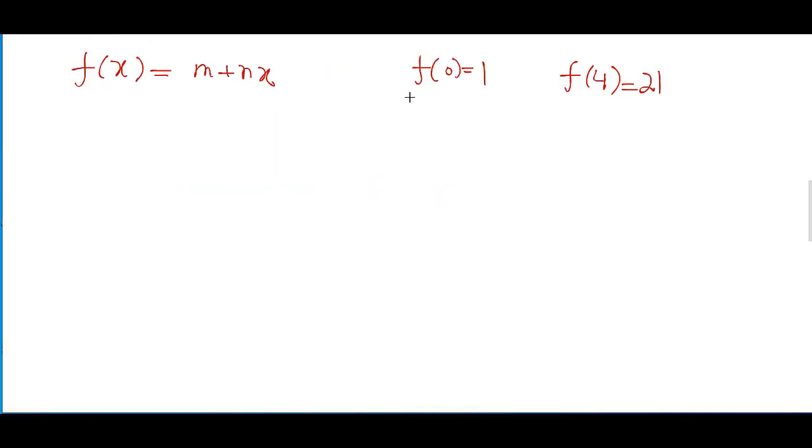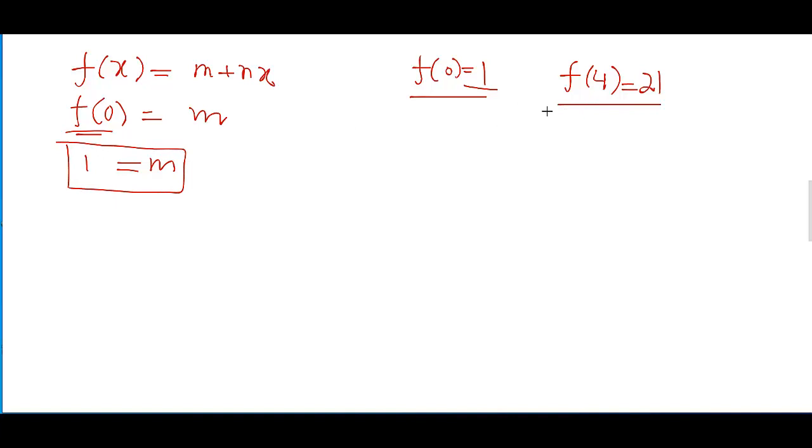So here this is the function. Let's use the first information. We have to plug in 0 in x. So when we plug 0 in x, it will become just m, because 0 into n is 0. So now I will replace f of 0 with 1. So 1 is equal to m. So m is 1.